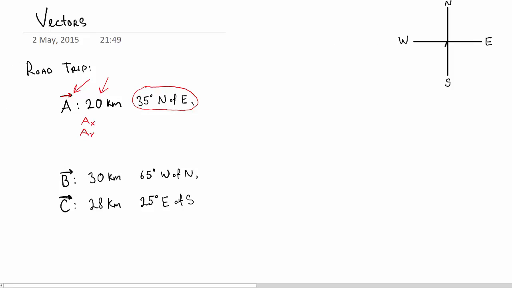So AX, let's build ourselves a nice triangle. So this one says 35 degrees north of east. North of east, that means it goes this way.